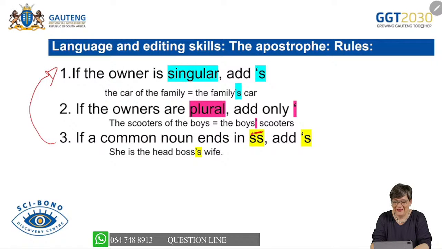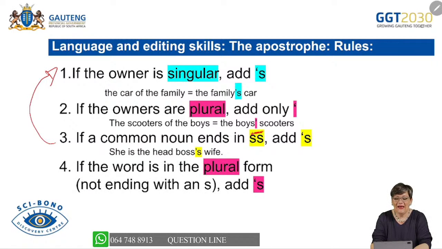Right. If the word in the plural is not ending in s, then we can give it an apostrophe s. Let me show you. Children, we don't have an extra s, we add an apostrophe s. Are these things quite difficult, aren't they?